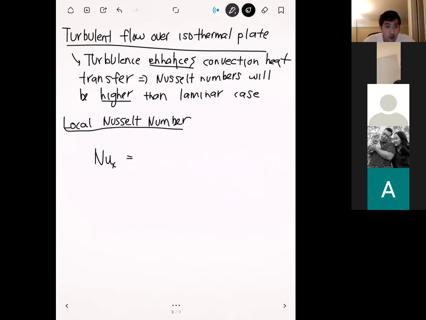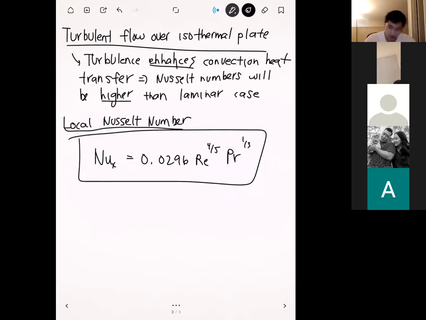When you have turbulent flow over an isothermal plate, this is the Nusselt number correlation: 0.0296 times Reynolds number to the 4/5 times Prandtl number to the 1/3.